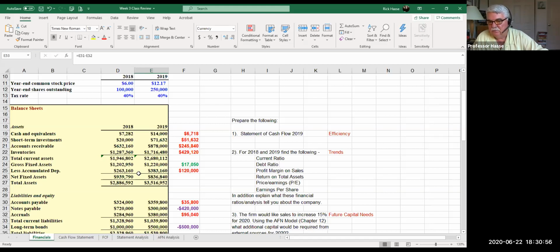And our job this week is to remember that stuff. Remember what the bean counters have told us. What is a balance sheet? What is an income statement? What is a cash flow statement? And what does that term free cash flow mean to us?